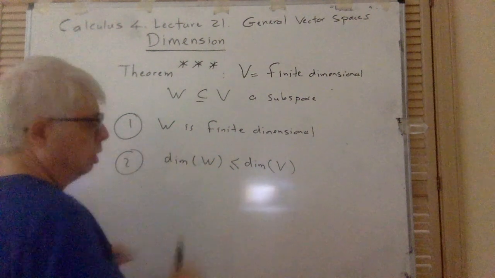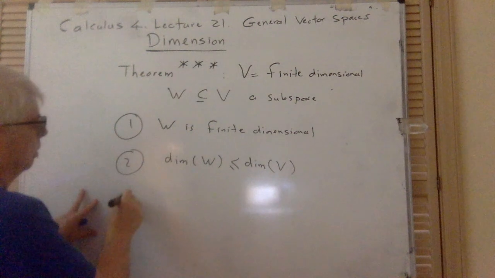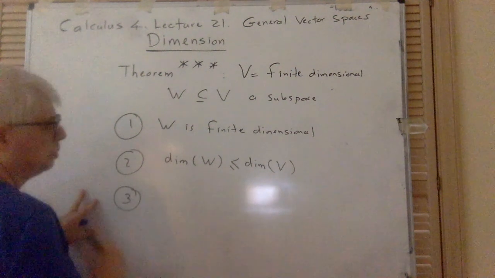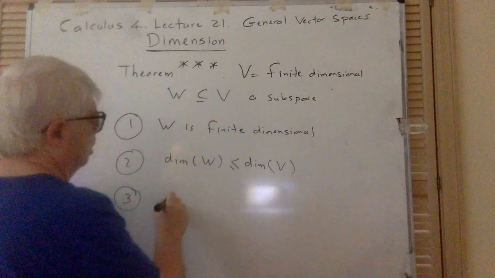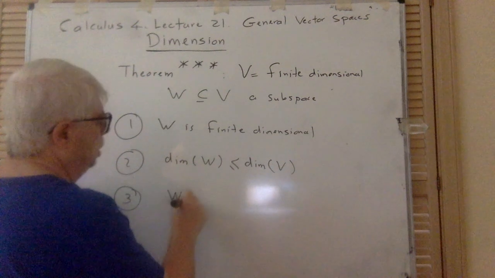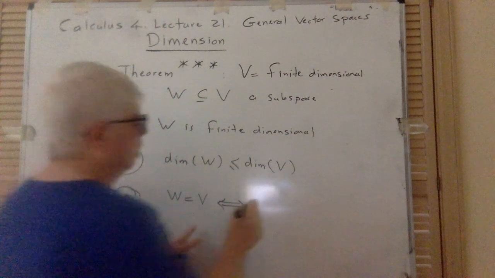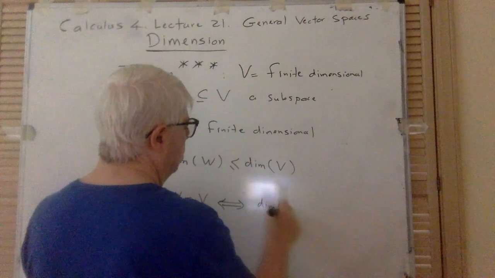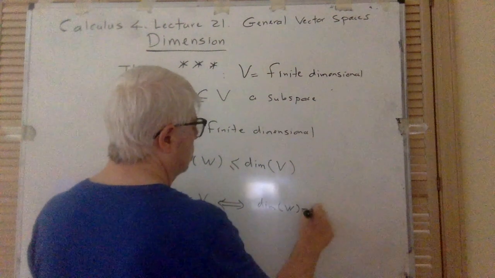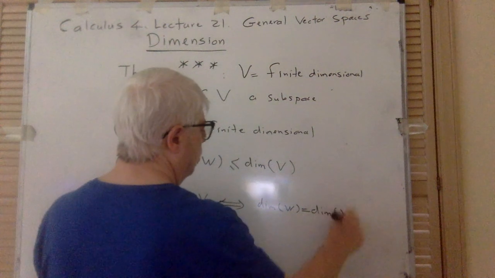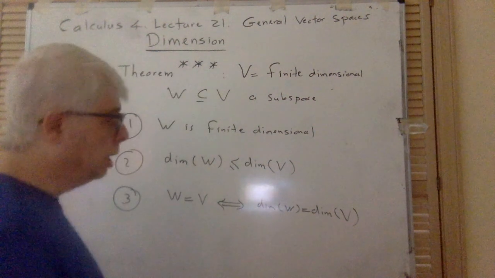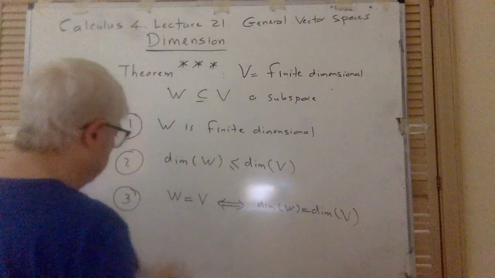Now this one proves something. Three: W equals V if and only if the dimension of W equals dimension of V. That is in fact something.